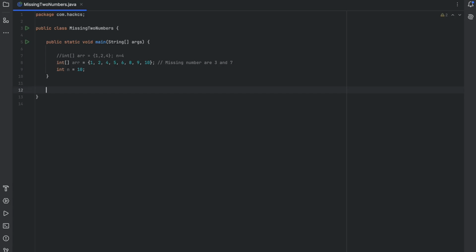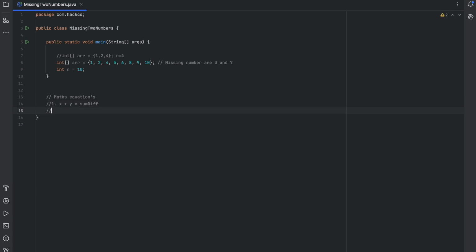So quickly write down what math equations we need to solve this problem. The first equation we need is x plus y equals sum difference.